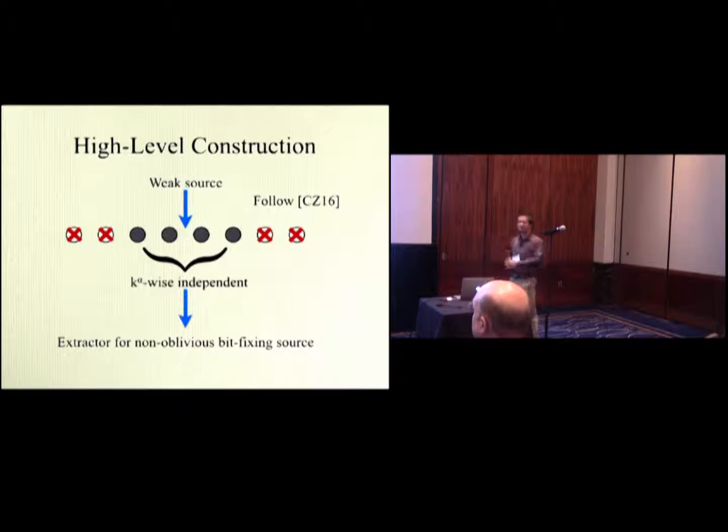Basically, it's a source where you have some random bits, and some of the other bits are not random and can also depend on the random bits. But you also have the property that the random bits are k to the alpha-wise independent, where k is the entropy of the source and alpha is some constant. And then we build an extractor for this non-oblivious bit-fixing source. So that's the high-level construction.